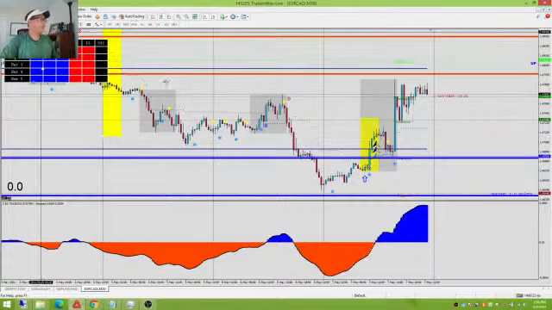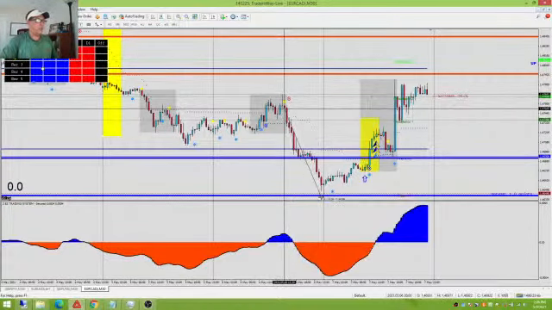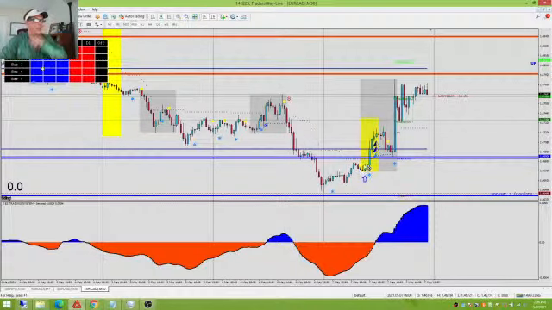This one would be a monster successful trade. This one right here, the first one, would be a losing trade, but I rarely trade the first candle of the London session. I rarely do. I'm usually not trading until the second hour candle. So it's like 3 a.m. for me.